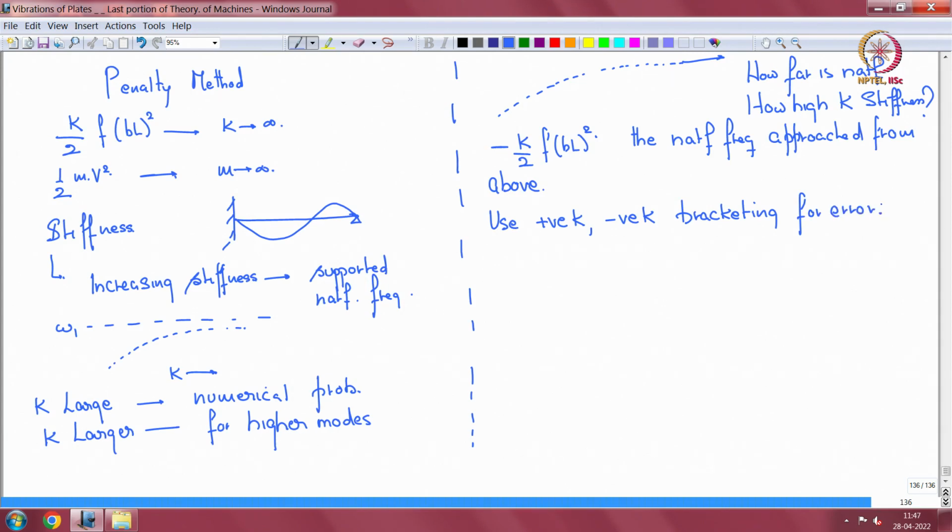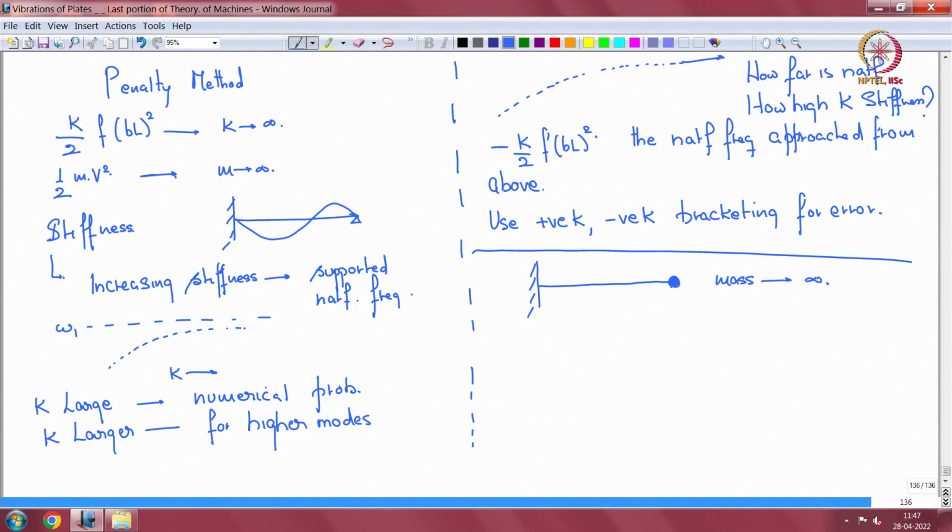Another interesting fact is, of course, that the same constraint at the end or support can be implemented using a mass whose values go to infinity.